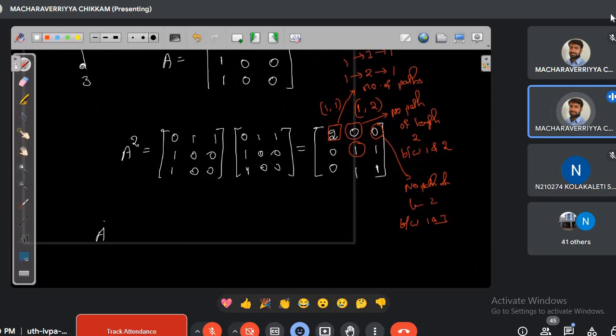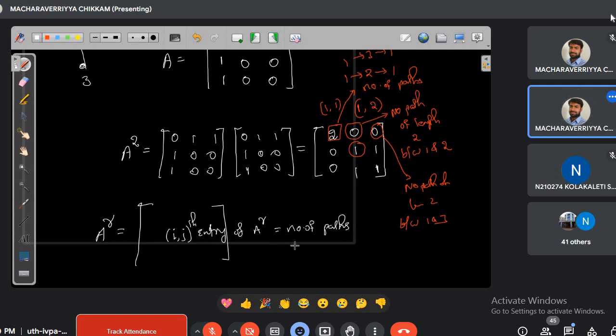So if you write A power r, and you take the ijth entry of A power r, it gives the number of paths of length r from i to j.